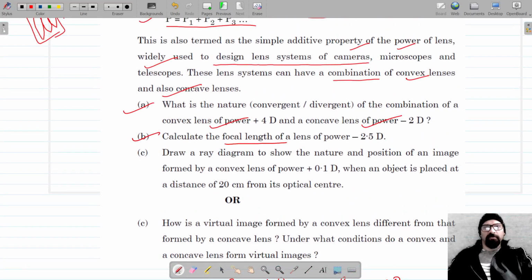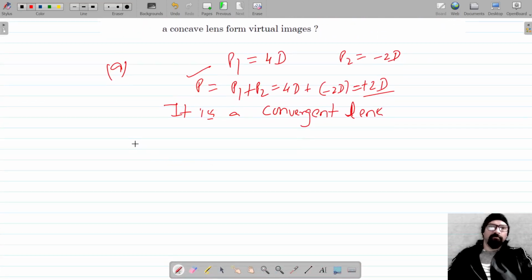Now, next is to calculate the focal length of a lens of power negative 2.5 D. The focal length is 1 upon the power of the lens, in meters.